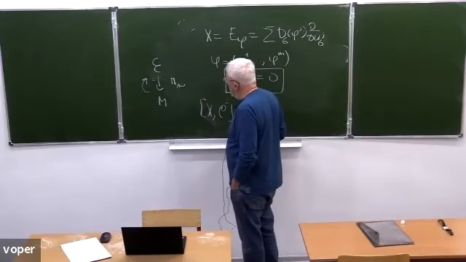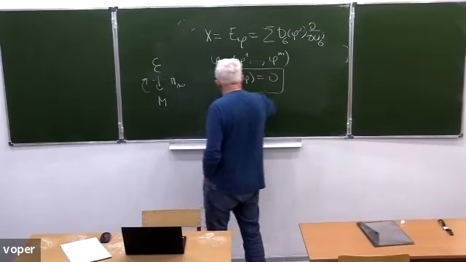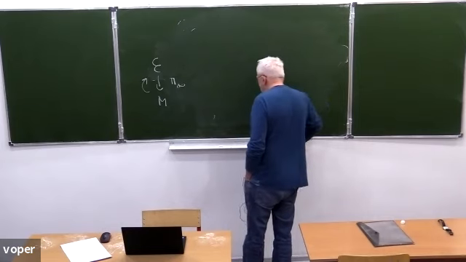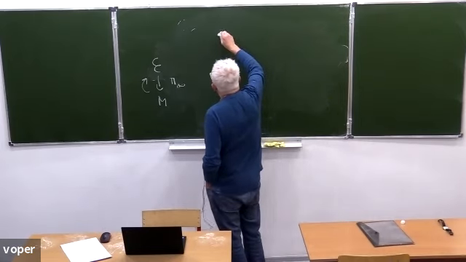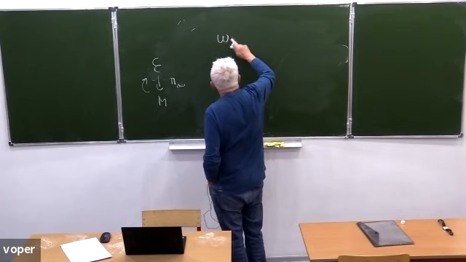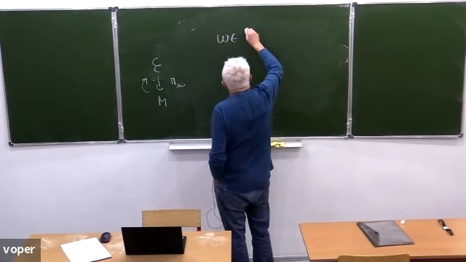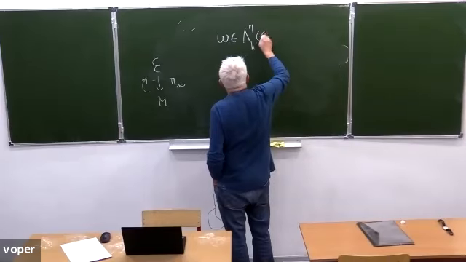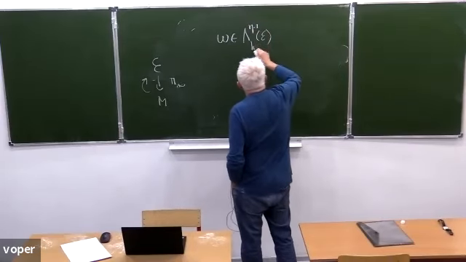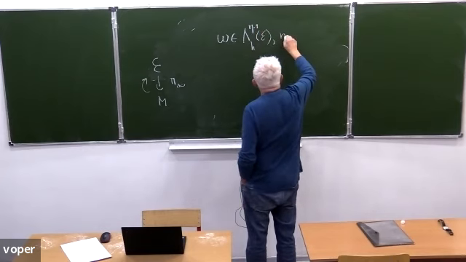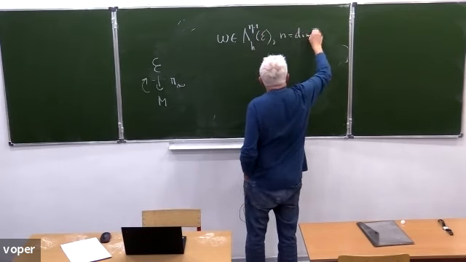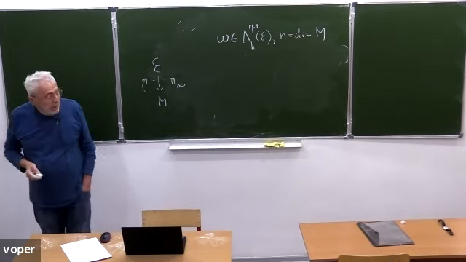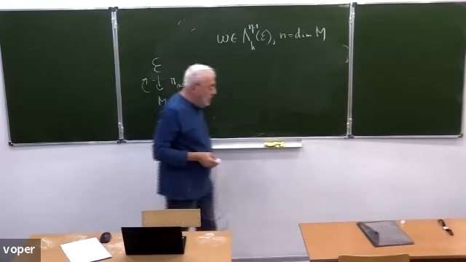Now, a conservation law on our equation is a horizontal vector differential form of degree n-1, where n is the dimension of the base manifold, that is the number of independent variables.